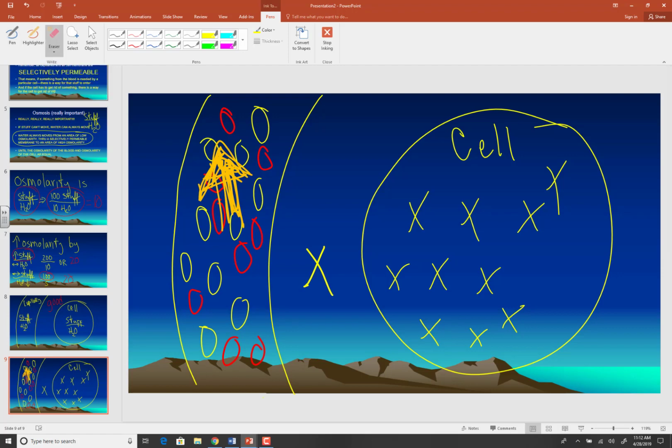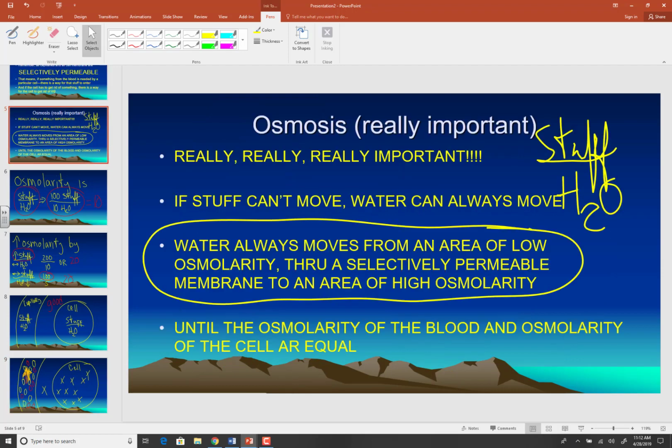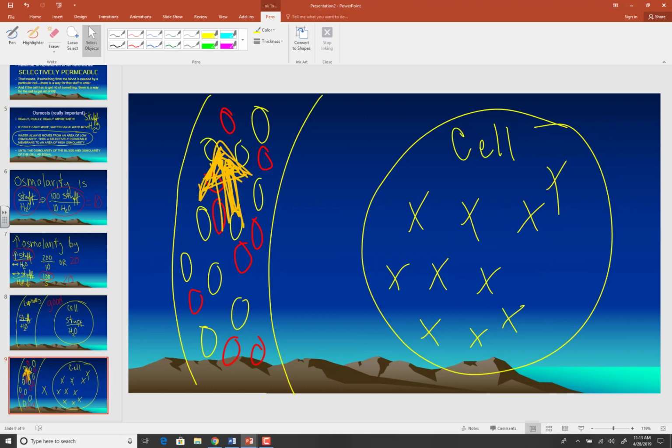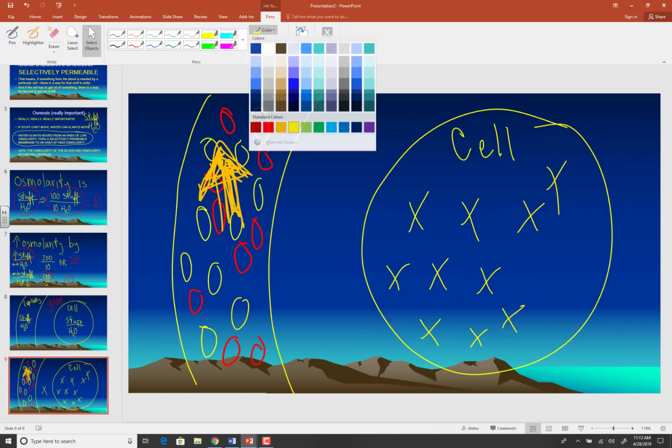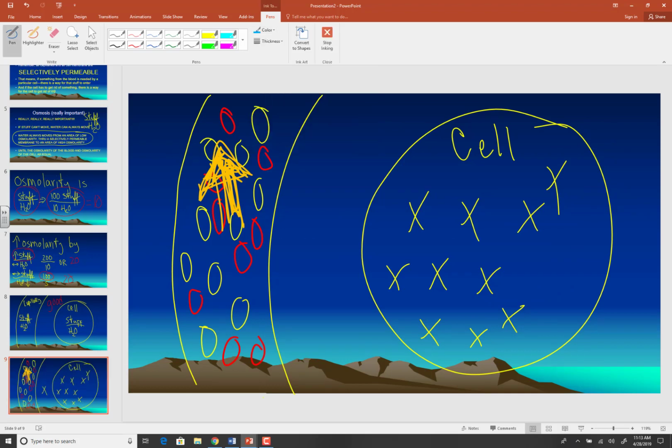The osmolarity of the blood is now higher. But remember, wait, let's go back. If stuff can't move, what can always move? Water can always move. So where is the osmolarity high? In the blood. Where is it lower? It's lower in the cell. And if stuff can't move, water can always move.